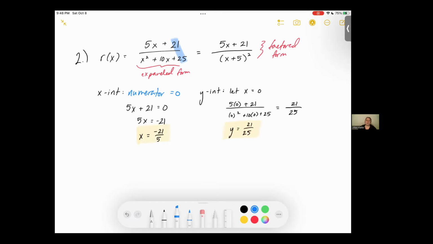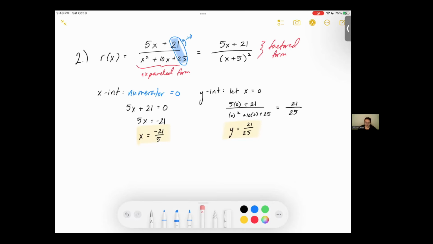With the y-intercepts, it's going to be the two constant values at the end in the same format of the rational function. So we would have 21 over 25. These numbers right here are the y-intercept. So it's just a quick little way, if you remember, to find a y-intercept of a rational function, quite a bit faster than any other problem.